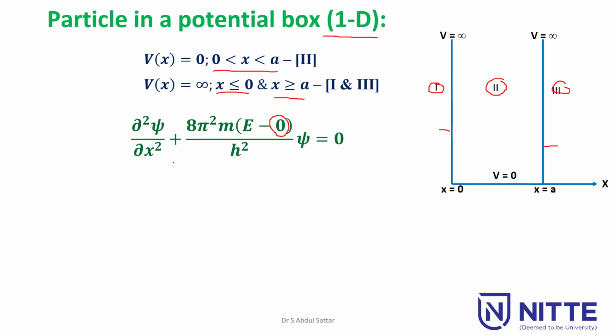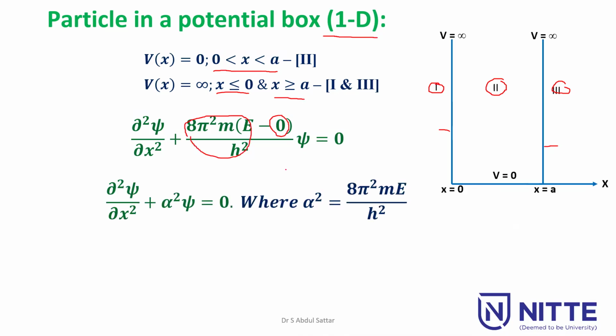So the Schrodinger equation for the one-dimensional box is del square psi by del x square plus 8 pi square m E by h square psi equal to 0. We can replace 8 pi square m E by h square with alpha square for our convenience, where alpha square equal to 8 pi square m E by h square.